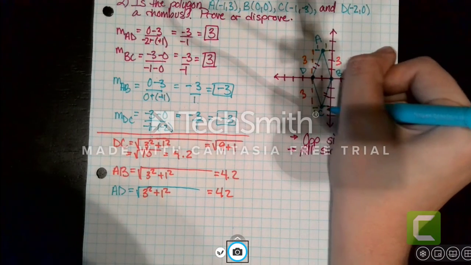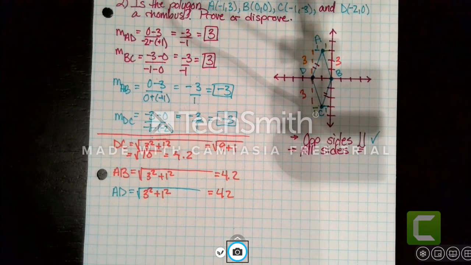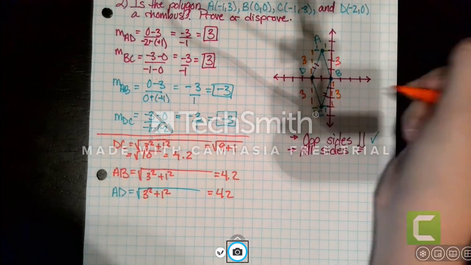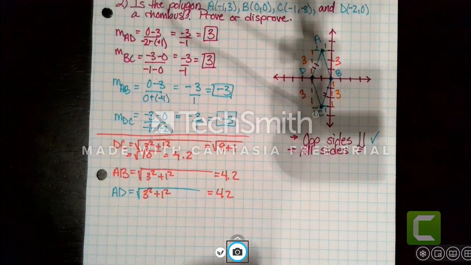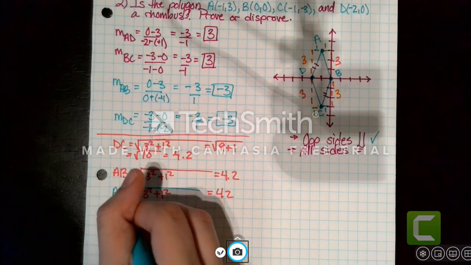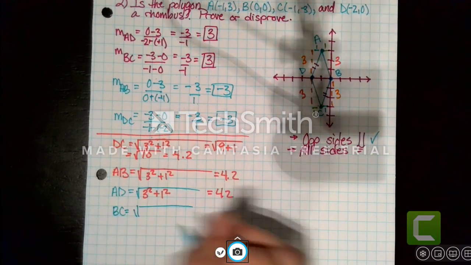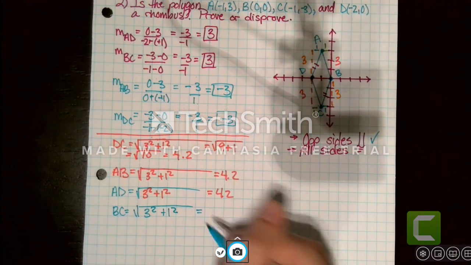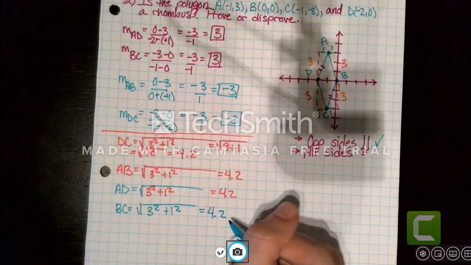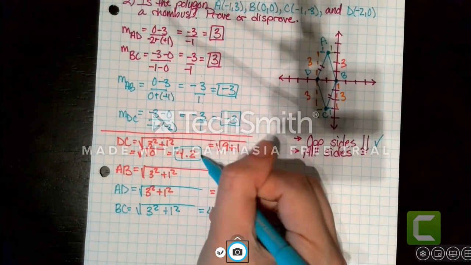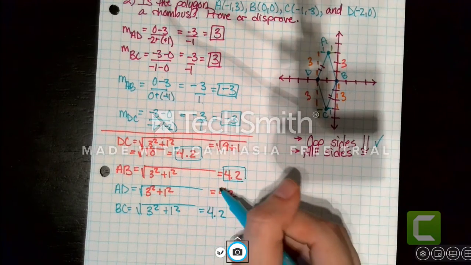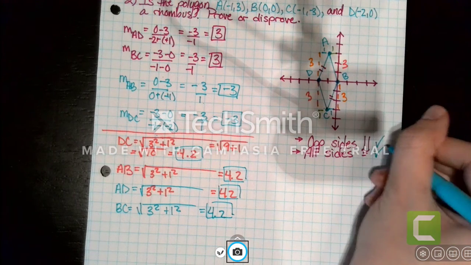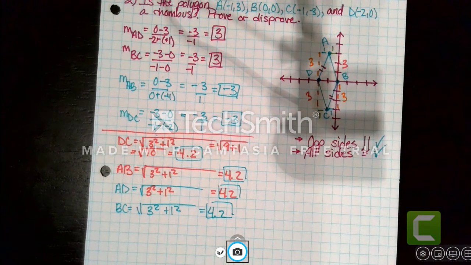BC has a base of 1 and a height of 3 as well. So fill in the formula for the distance of BC to be the square root of 3 squared plus 1 squared, which again will get us the same value of 4.2. Using the distance formula, we have just proven that all sides in this shape are congruent, so we can claim that this characteristic is also true.